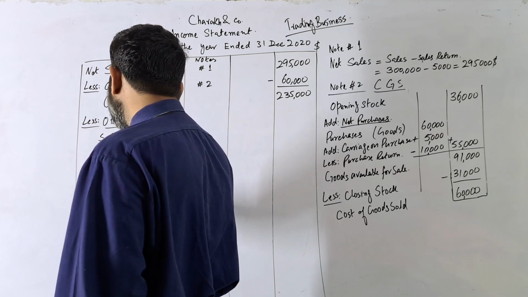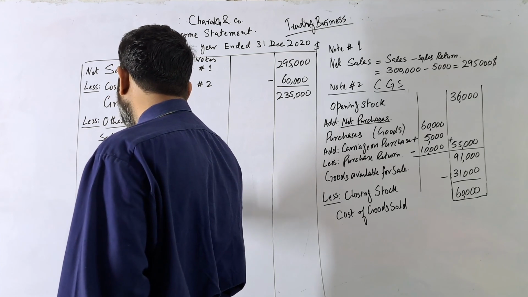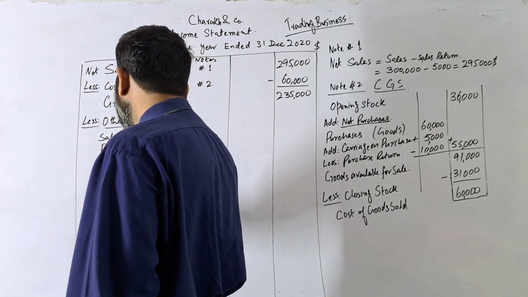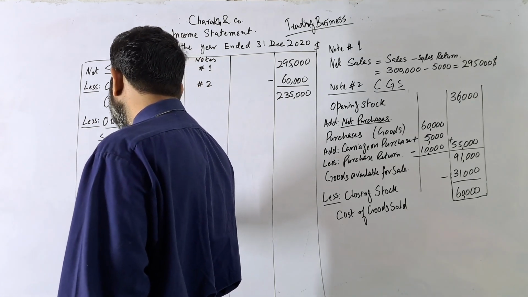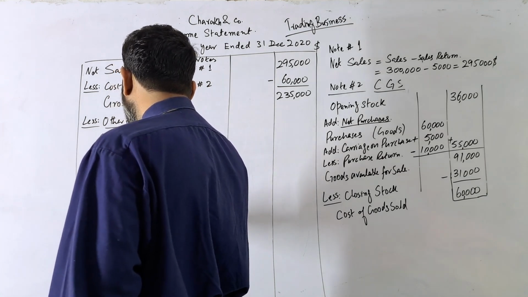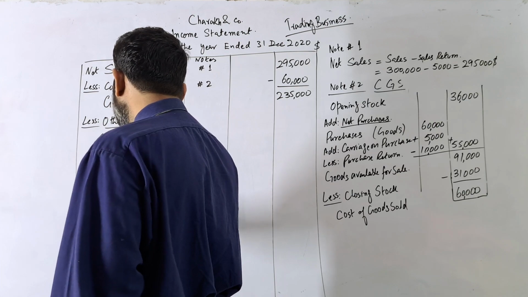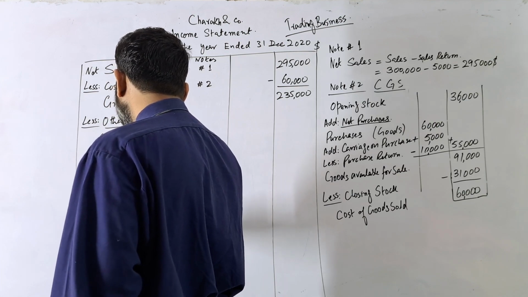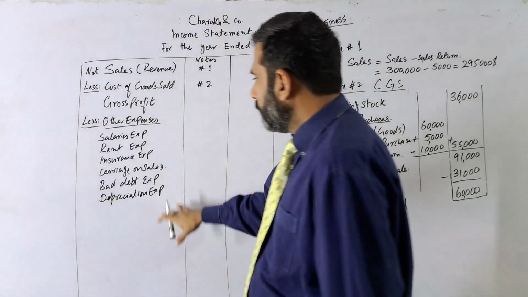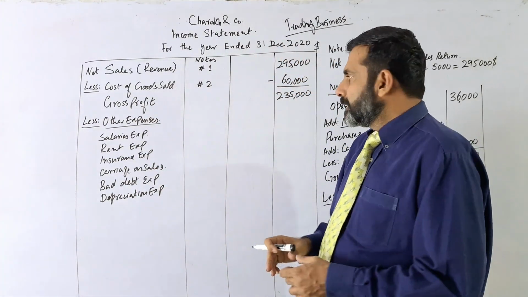Then there is a carriage on sales. Then we have bad debts. And then let's say we have a depreciation expense.